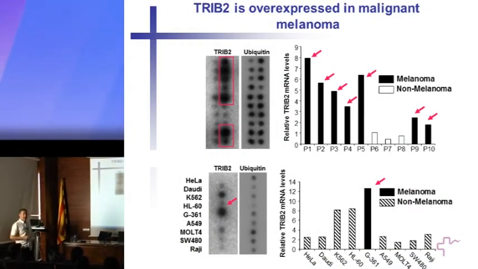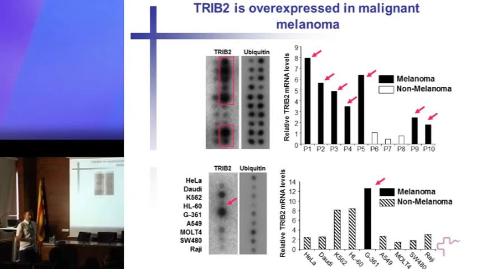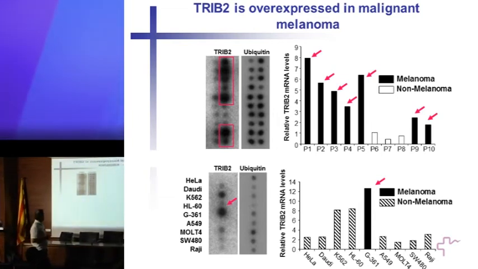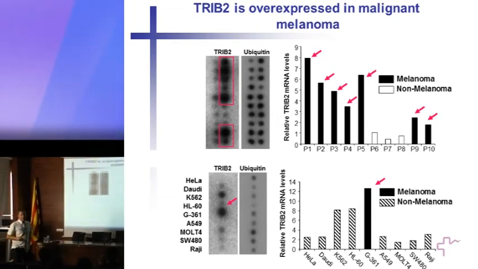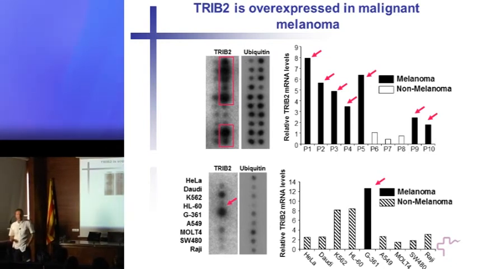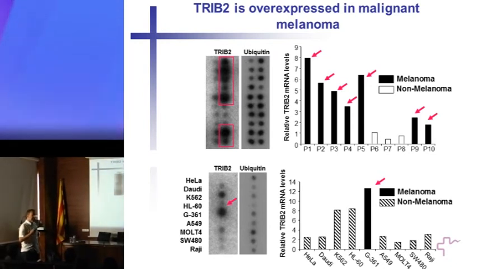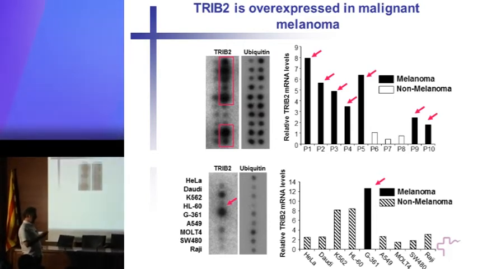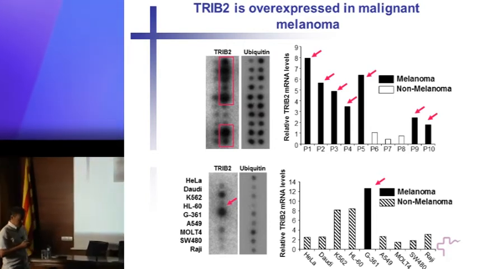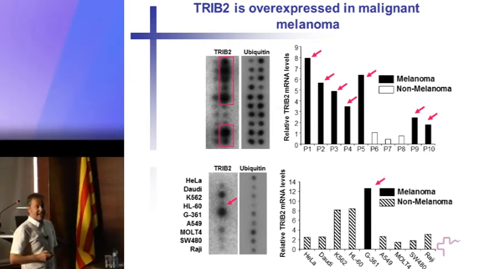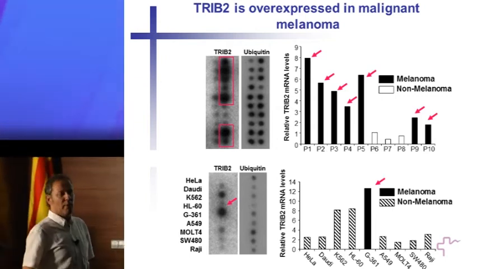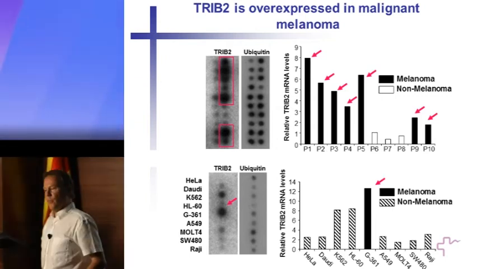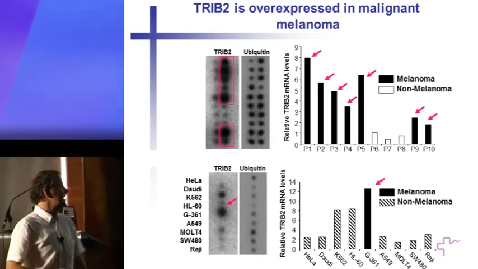What called our attention was the dramatic overexpression in skin cancer. So 7 out of 10 skin cancers had a really dramatic overexpression of tribbles. But when we had a closer look at the case histories, it turned out that 7 of these 10 cases were malignant melanoma, and the overlap with the overexpression was 100%.